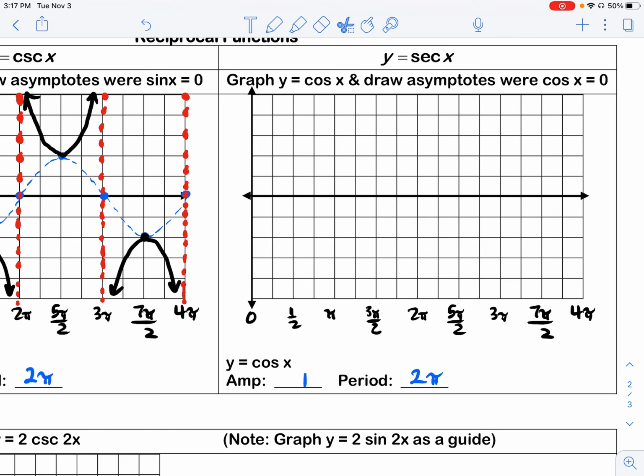All right, and 1, 2, -1, -2, and I'm going to graph cosine in blue. Cosine starts off at its maximum, then mid, low, mid, max. I'll just continue this on, so we're going to get something that looks like this.